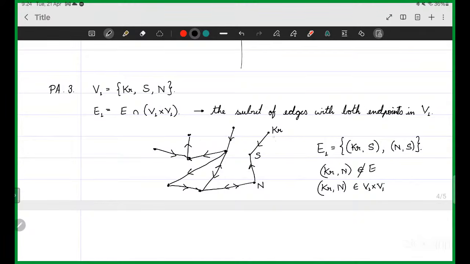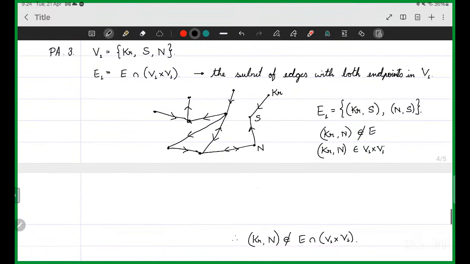I'm just looking at these 3 points and the edges in the original graph which start and end at vertices within this 3-element set, KR, S, and N. How many such edges are there? There are only the 2 that we have listed, KR to S and N to S. Agreed. 2 edges.